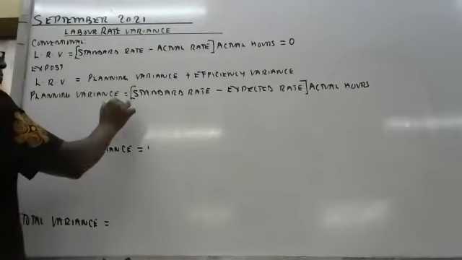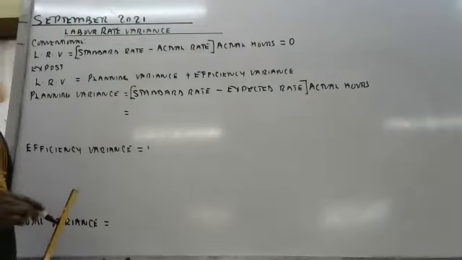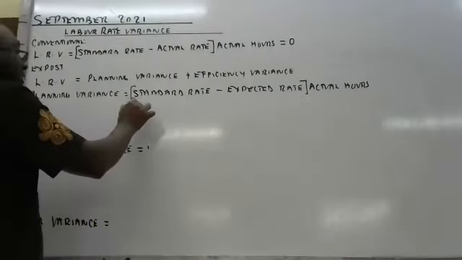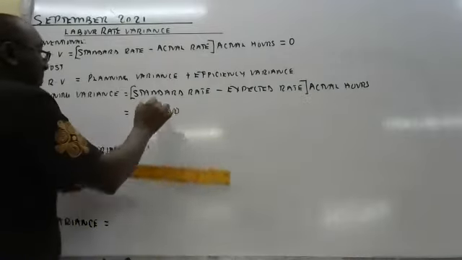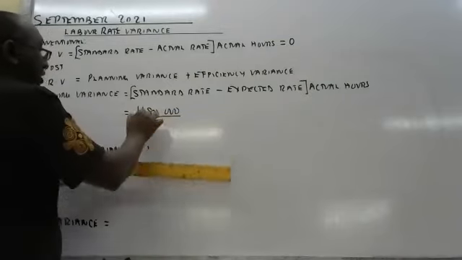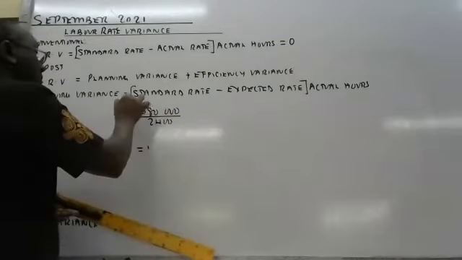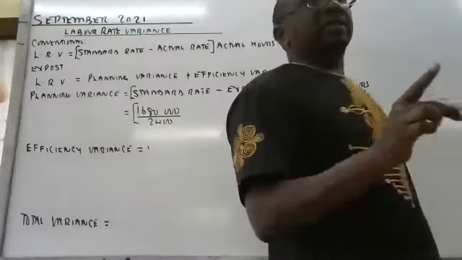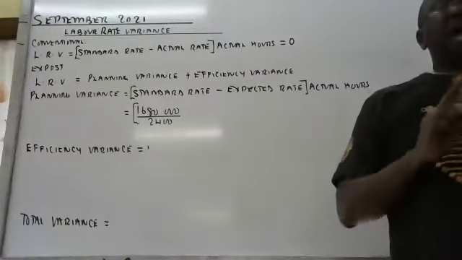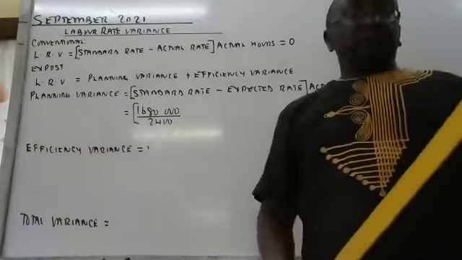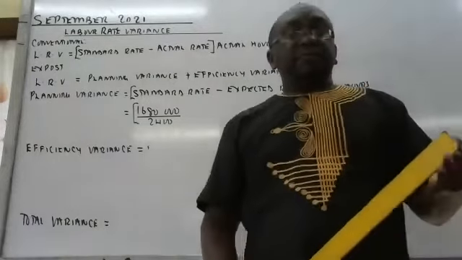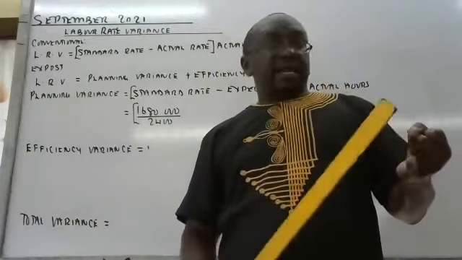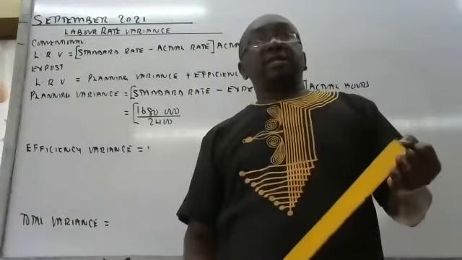So now, let's get the standard rate. The standard rate is what we had said. It is 16,000. You divide by 2,400. And why is standard the same as what is in the budget? I told you the difference between standard and budget is that standard is given per unit and budget is given for all the units.